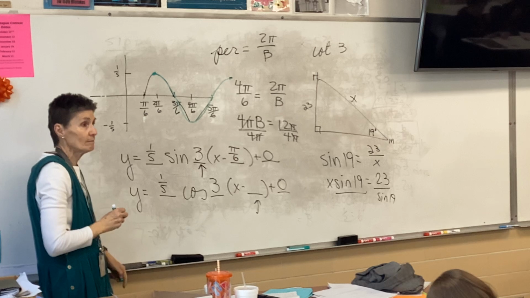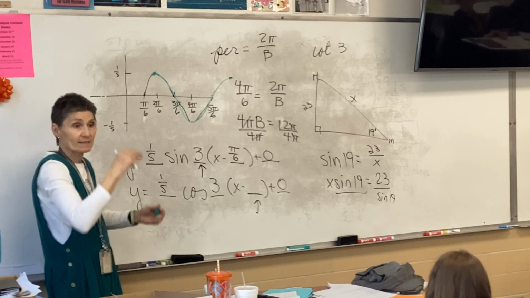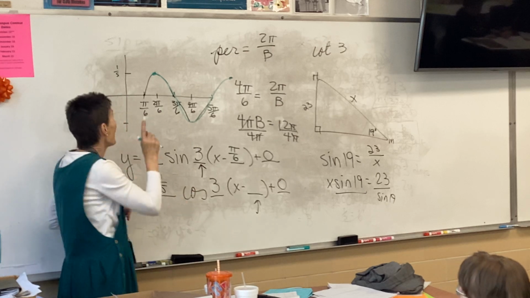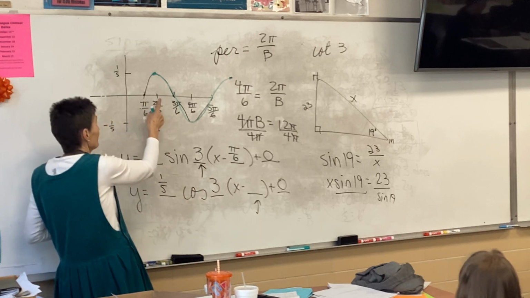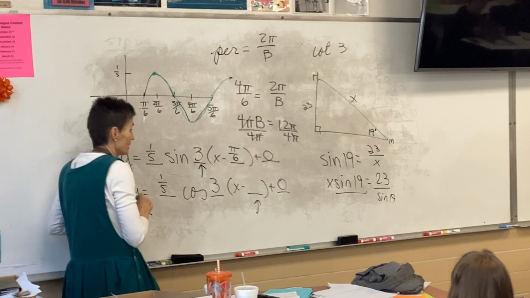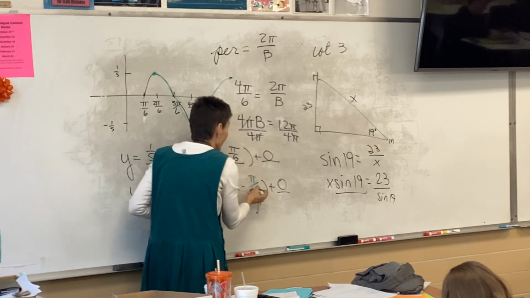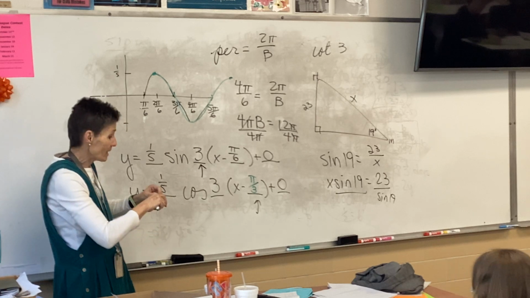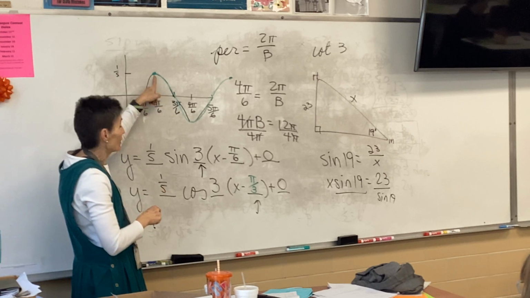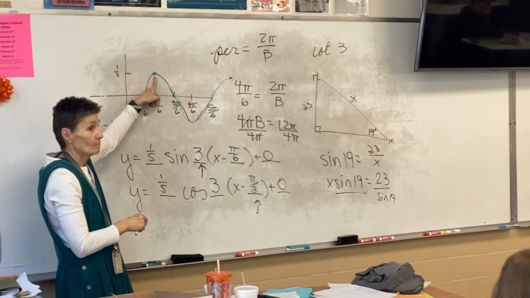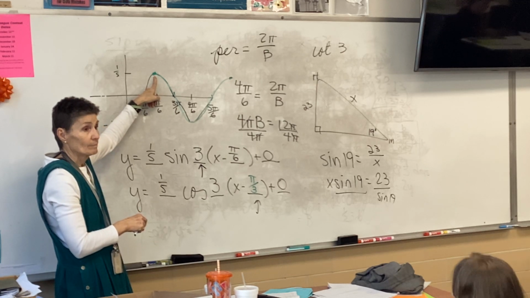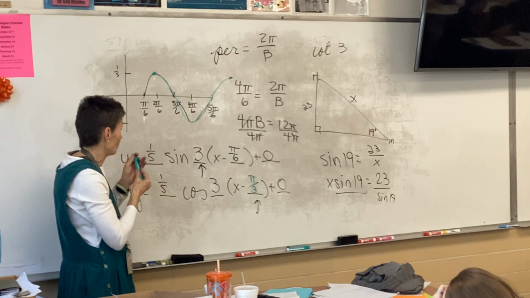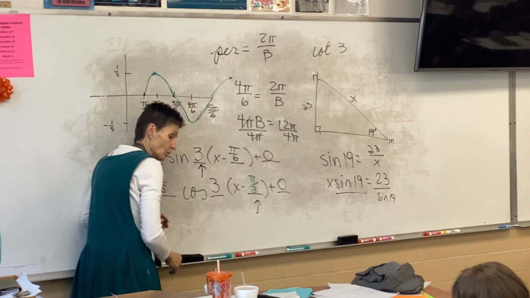Isn't that a cosine? Yeah. So it's still the same height, still the same length, still the same everything, except now where am I starting? At 2 pi over 6. So x minus, I'm going to make it pi over 3. Now I am starting here to look at it. Does that make sense to you? Yep. So once you have done the work with your first curve, the second one's a no-brainer.